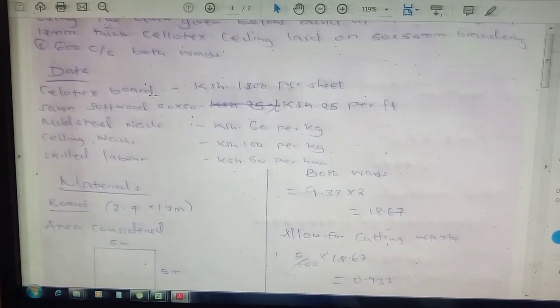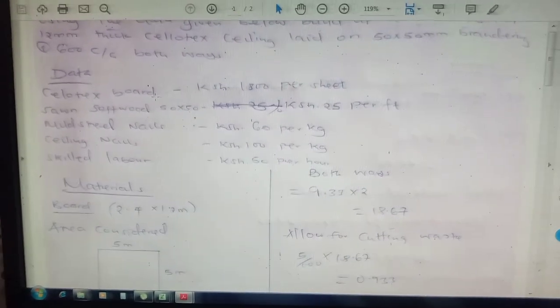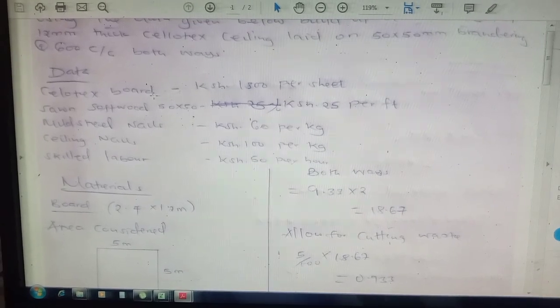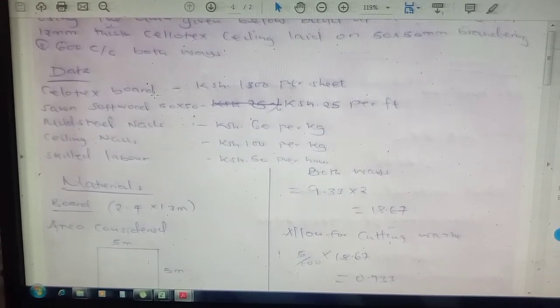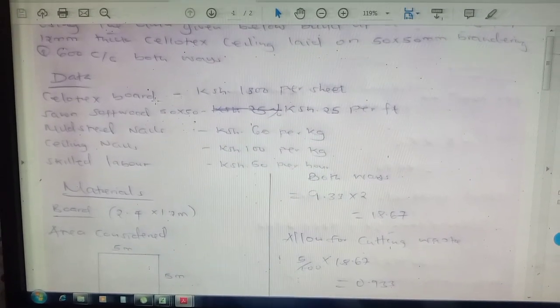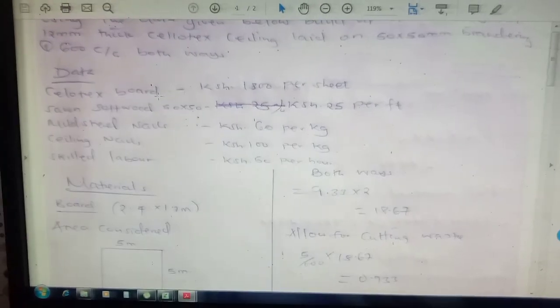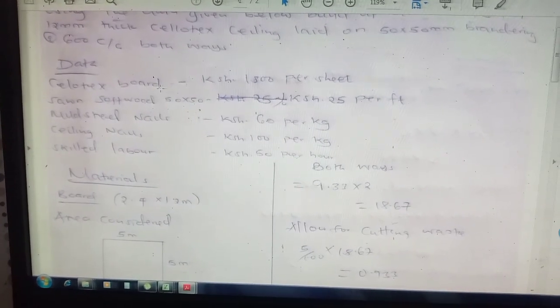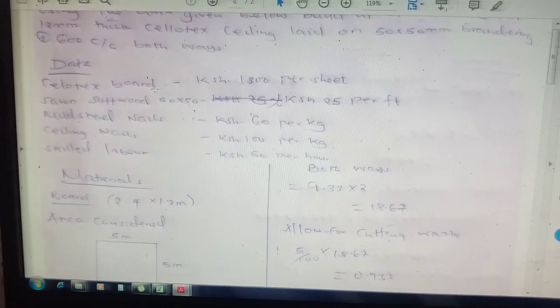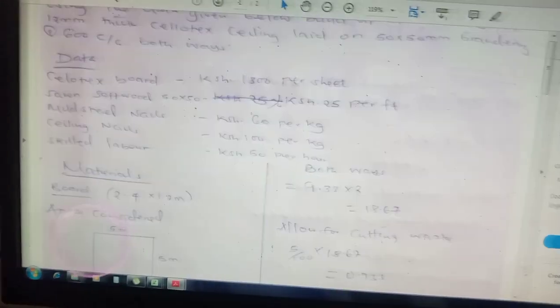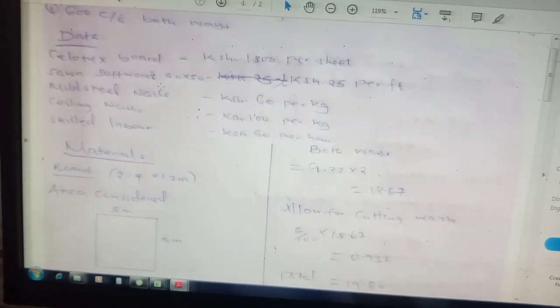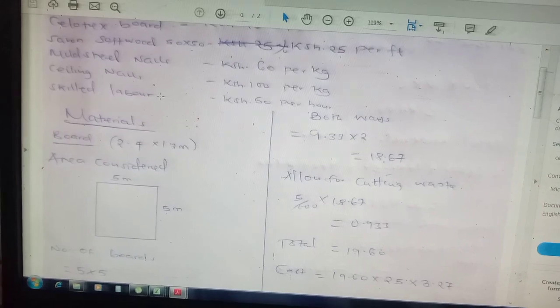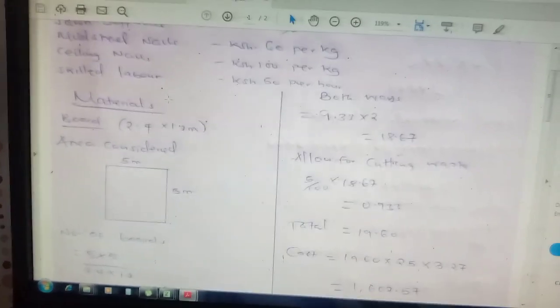softwoods for brandering. So for the board, we are using Celotex ceiling board. The dimension of a standard Celotex board is 2.4 meter by 1.2 meter. But the area that we've been given to consider is 5 meter by 5 meter.